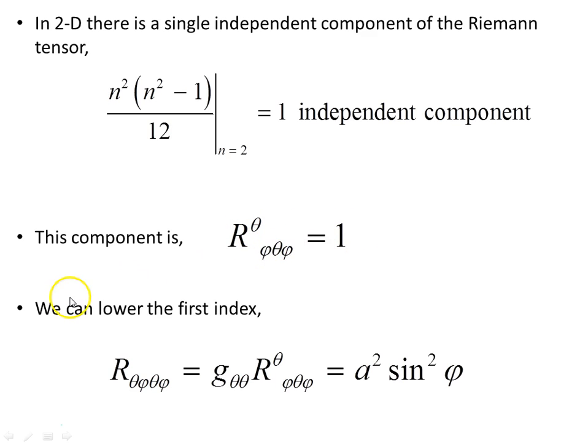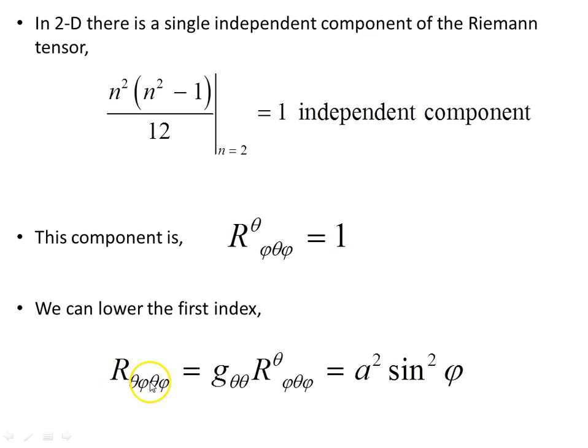So our next job now is we can lower the first index, this theta here, using the metric. So g theta theta, subscript theta in both cases, in the covariant position, times the component. We'll lower that theta there, and when we do that, if we go back to the metric, we'll find g theta theta was a squared sine squared phi, and what we have now is the Riemann tensor with all 4 components lowered.